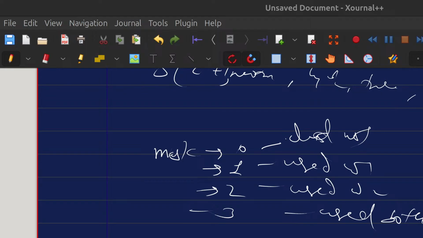Then j plus plus, target t, then answer plus solve t plus 1, last 1, j, mask, 2, word 1, word 2, target, mod, and then return this, whatever it is. Let's try to run this one and see what it says.